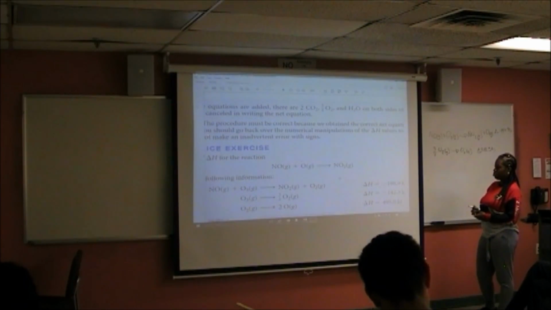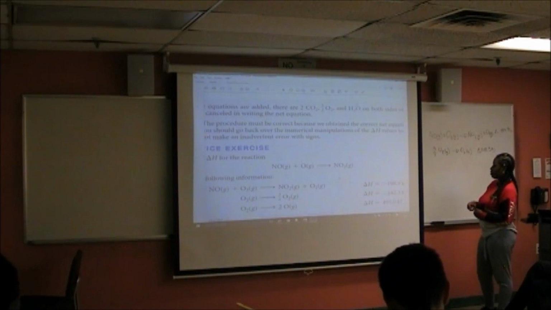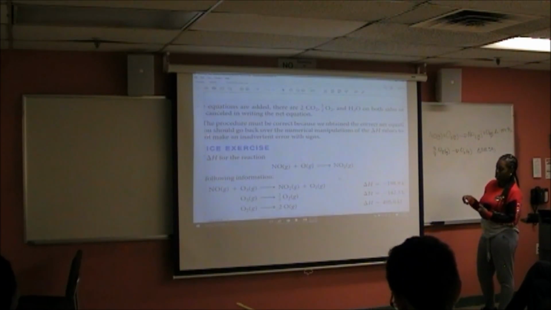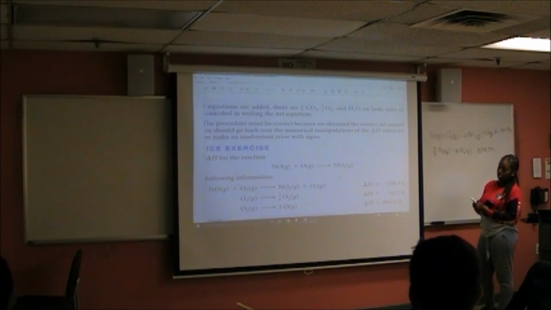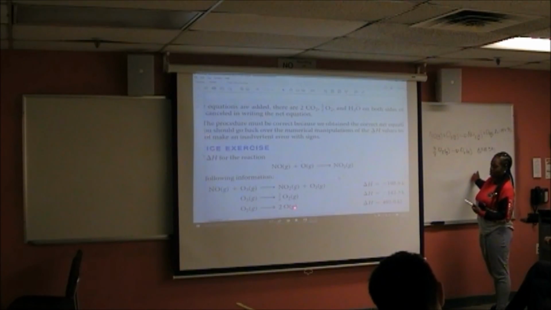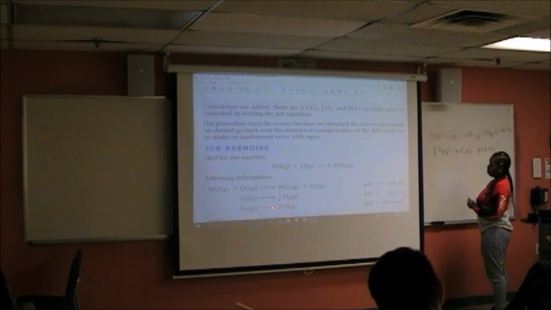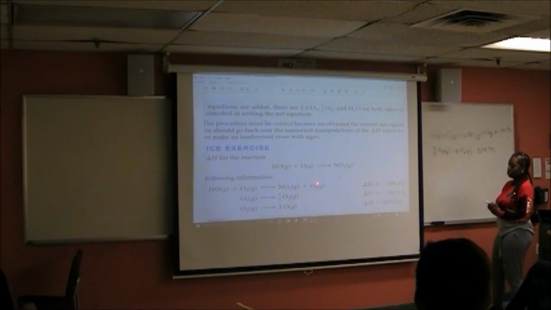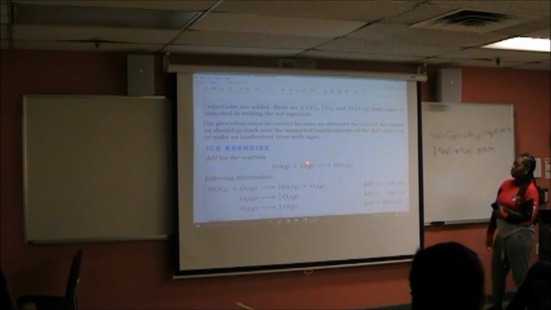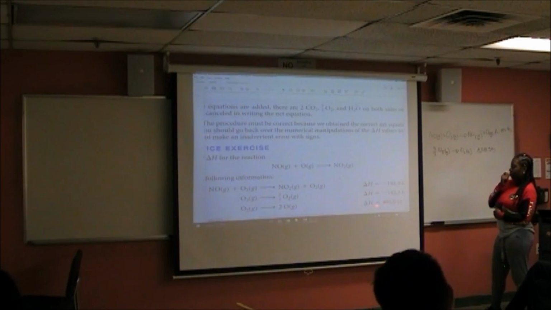Okay. So now what do we need to do? So we cancel what out? There you go. Do we want to cancel out O2? We don't want to cancel out O2. We want oxygen atoms on the reactant side. So therefore this needs to flip.